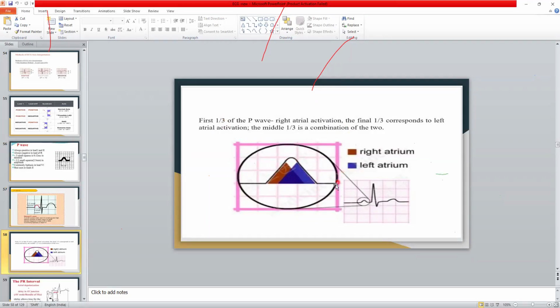I am showing this picture, showing that this P wave is divided into three parts, for you to understand in the future the possibilities of P wave abnormalities, and how you have to identify the abnormal P waves.